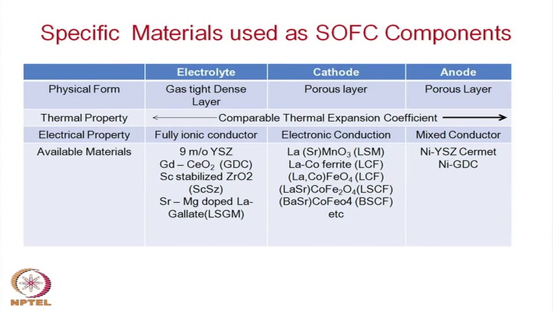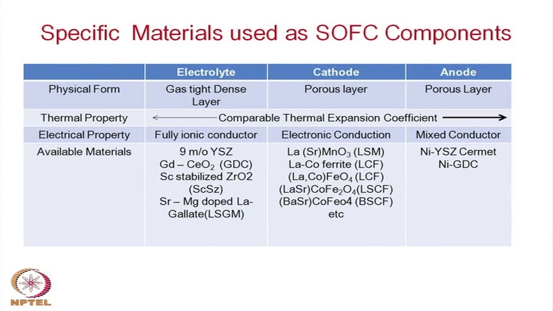Therefore, any design will tend to have a very low thickness, in the order of microns. It is not even millimeters, the electrolytes are in the order of a few tens of microns. That is another requirement of the electrolyte, and it has to be completely dense. Making a dense ceramic is always a little challenging task.